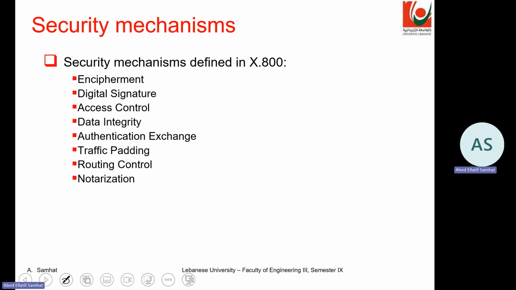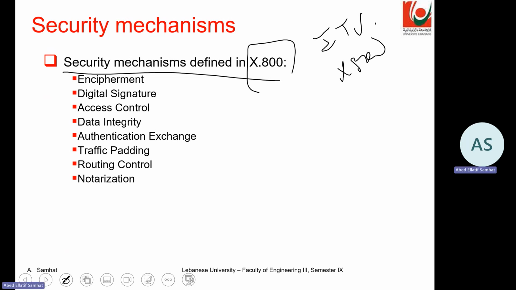In order to implement them, we need what we call security mechanisms. Different security mechanisms are defined in the ITU standard X.800. Here we can have enciphering or encryption, digital signature, access control mechanism, data integrity mechanism, authentication exchange mechanism, traffic padding mechanism, routing control mechanism, and notarization mechanism.